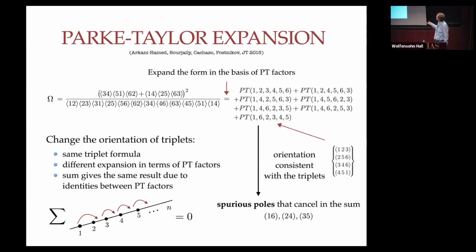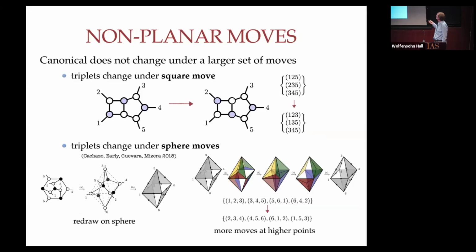Now, these canonical forms also don't change under certain identity moves. One of the moves is a regular square move that we know from the planar case. They actually do change the triplets, but they don't change the form. So the triplets are some sort of not very invariant way to label the diagram modulo moves. They give a fast formula to calculate it, but they are not an invariant way to label the diagram.